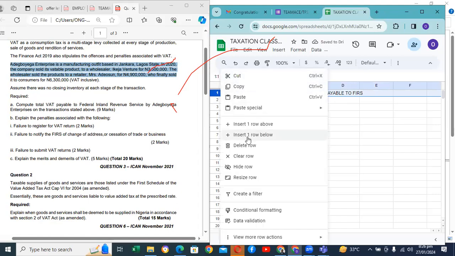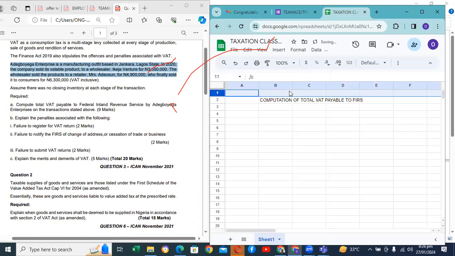So this is to show you how VAT is multi-stage. So let's go ahead.